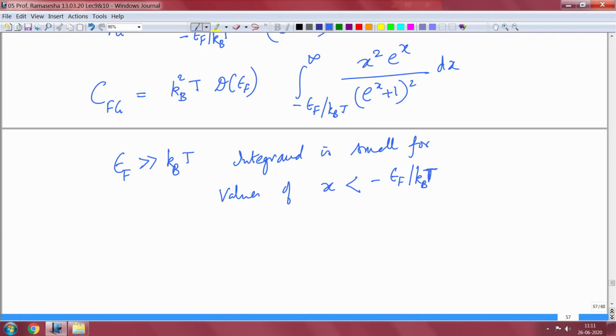So I can actually replace minus εF by kBT by minus infinity.